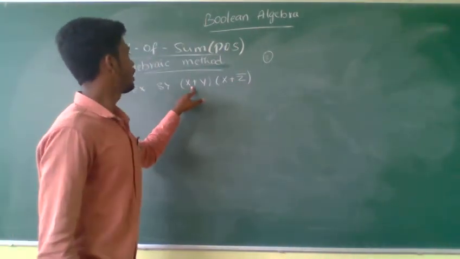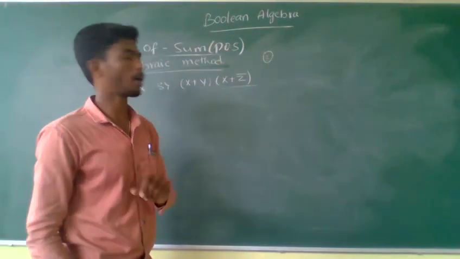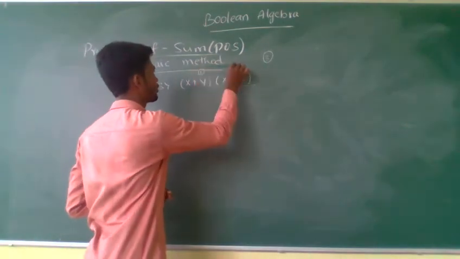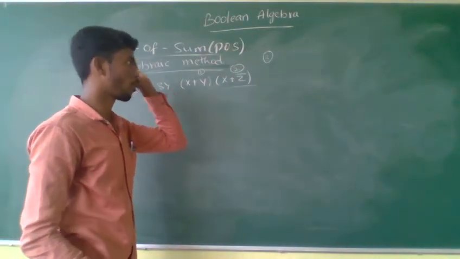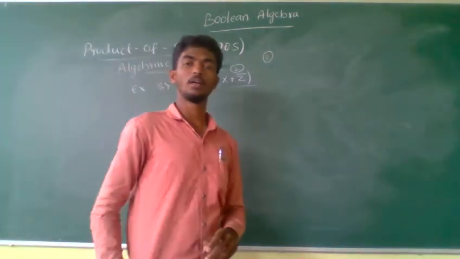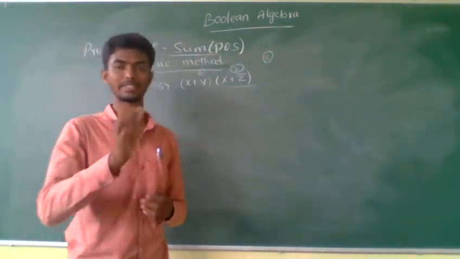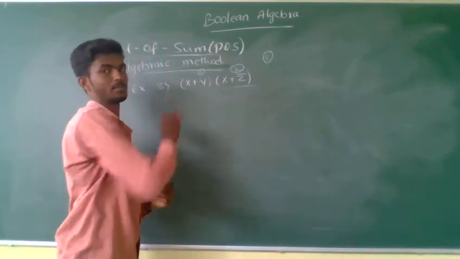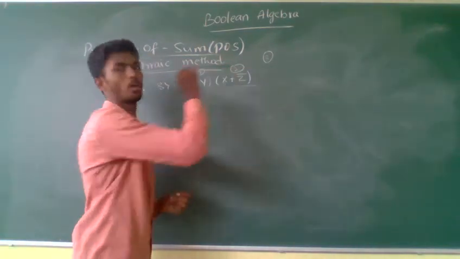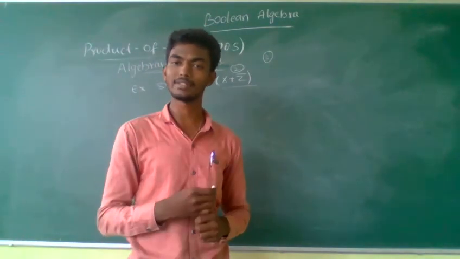First, the number of literals in this system is 3, and the number of sum terms is 2. x + y is one sum term, and x + z' is another sum term. In these two sum terms, the next step is to observe the missing literal. Z is missing in the first, and y is missing in the second.